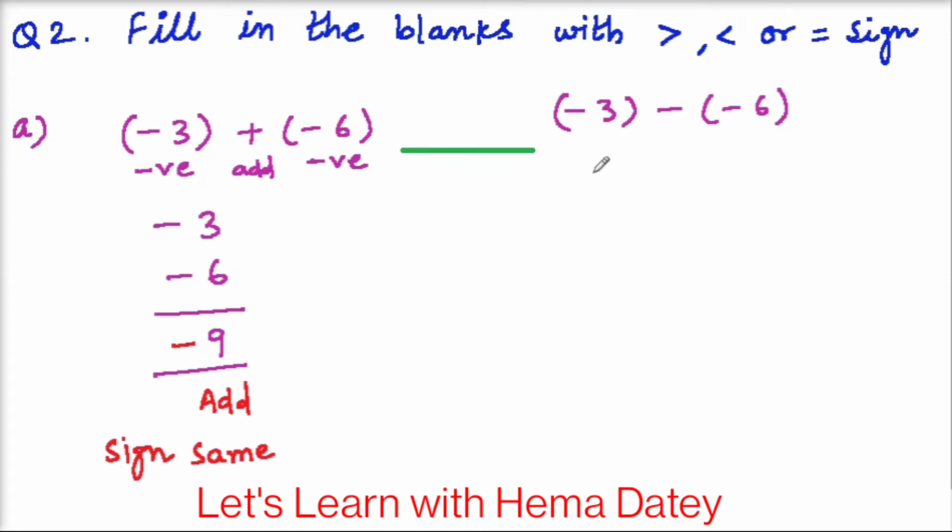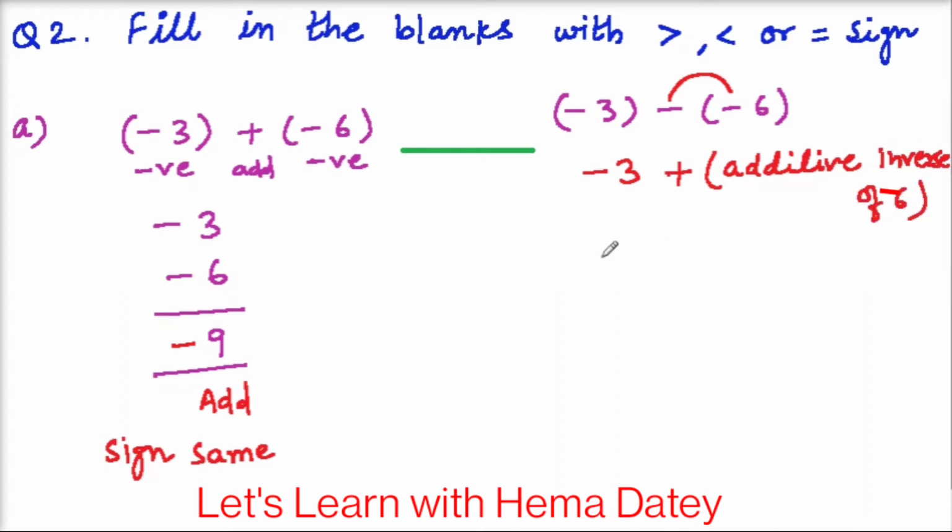Let's solve right hand side. -3 is a negative integer and -6 turns into +6. We will change the middle minus sign into plus sign and inside the bracket we will write additive inverse of -6. We'll get -3 plus 6. -3 is a negative integer and 6 is a positive integer.